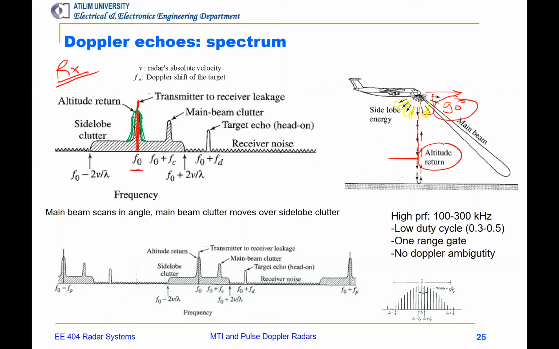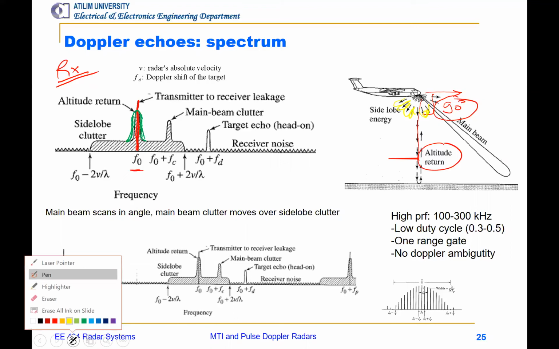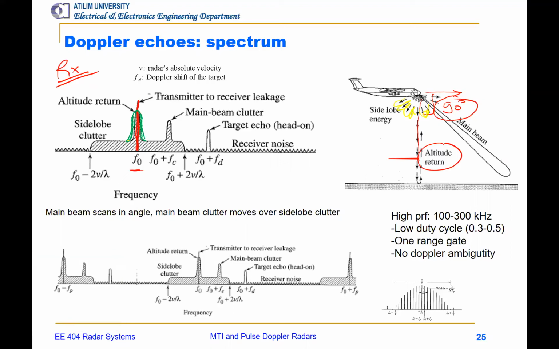If we consider the Doppler frequency, these are the components that are spread over frequency because of the motion, because of the angle, and we expect side lobe clutter. Let's make it yellow. So here is the side lobe clutter.